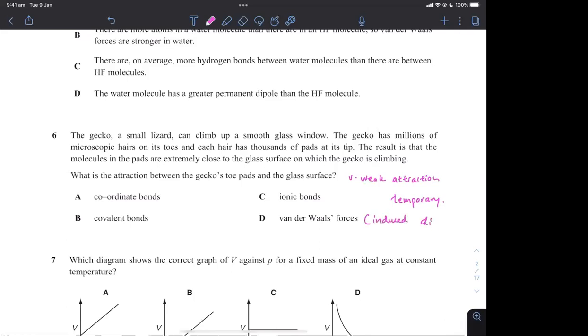Induced dipole is not permanent dipole, it's temporary dipole, it's just van der Waals forces. If you form a covalent bond, it's like sticking the gecko onto the wall and it's not going to move at all. Same thing with this coordinate bond, which is a covalent bond. Same thing with ionic bond. These three are very strong bonds. These are very weak intermolecular forces there.